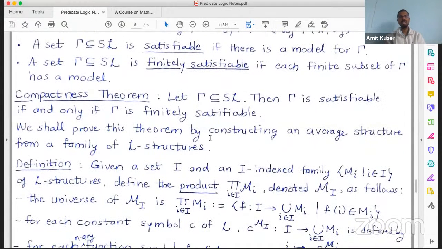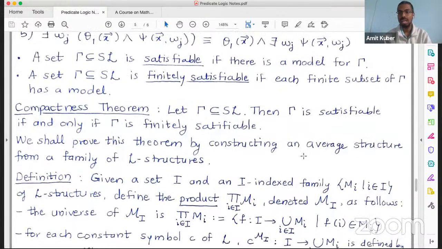Okay, so we shall prove this theorem by constructing an average structure of a family of L structures. This is something very new for most of you, I think. We are going to take an average. The word "an" is important here.